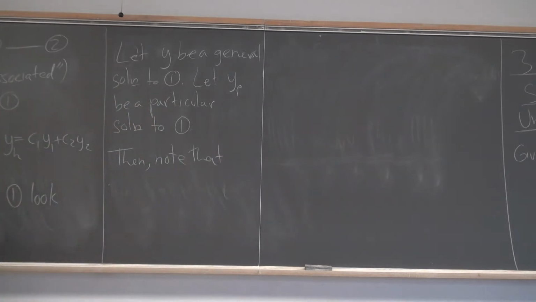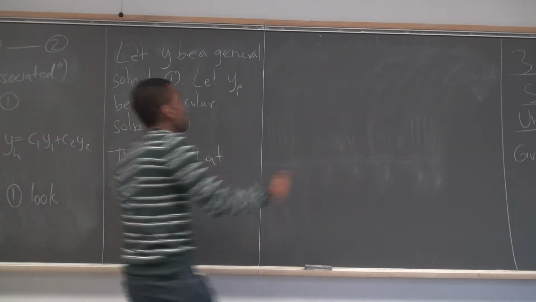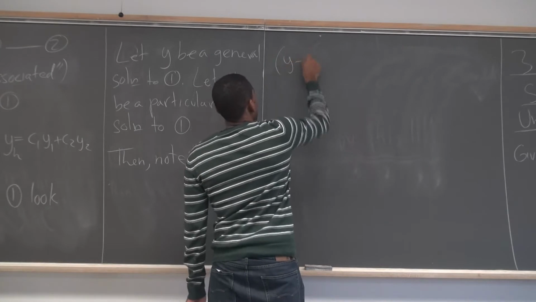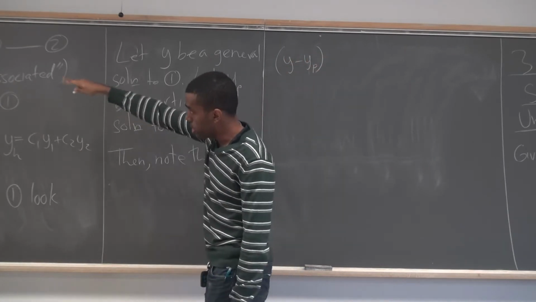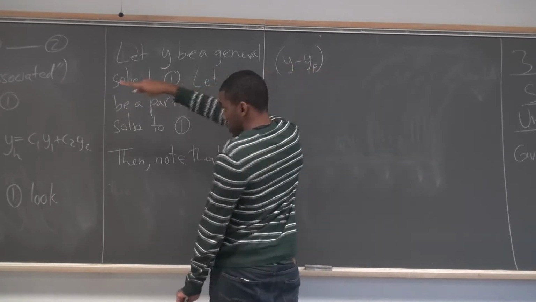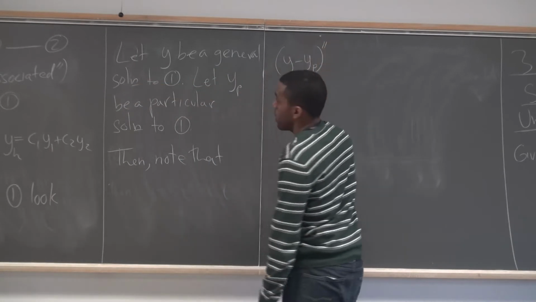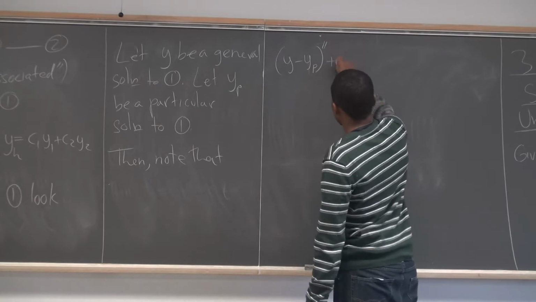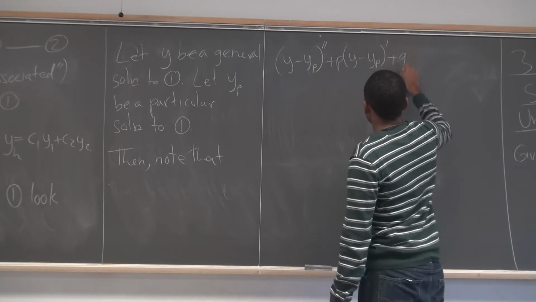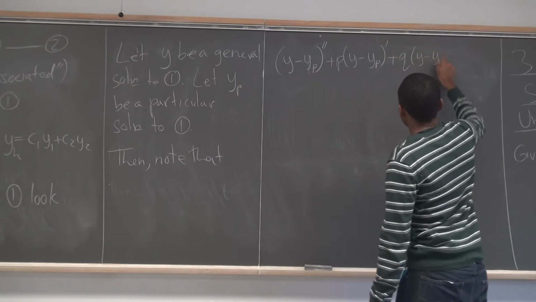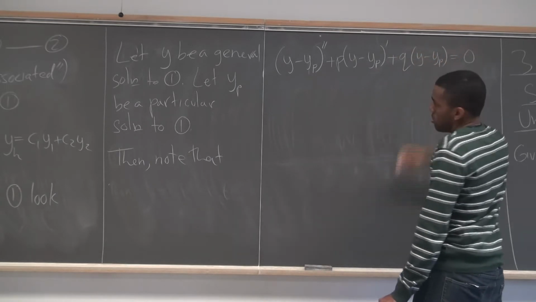Note that something weird happens when I take y minus y_p and plug it into this differential equation, into this one. So (y minus y_p) double prime plus p times (y minus y_p) prime plus q times (y minus y_p) equals 0.